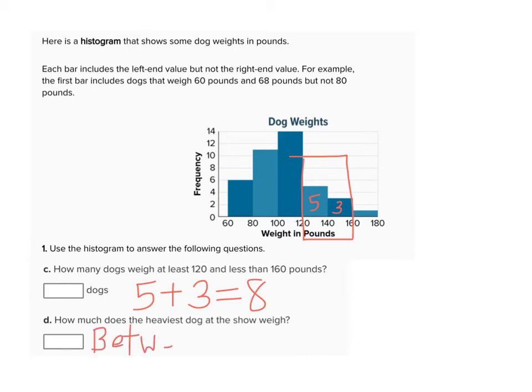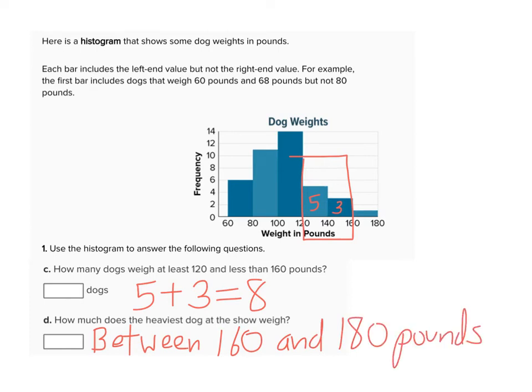Between 160 and 180 pounds. Again, histograms are really good at finding answers when I'm talking about a range. I'm saying, hey, how many between these two numbers? It's not really good when I want to talk about one number. All right, let me pause, erase this, and we'll discuss the last question.